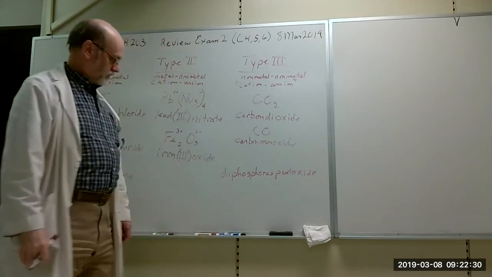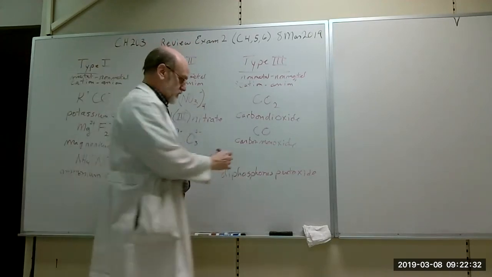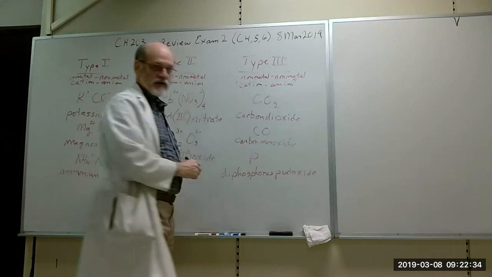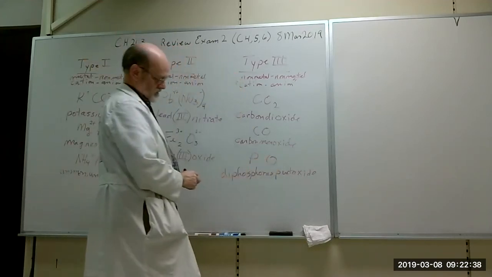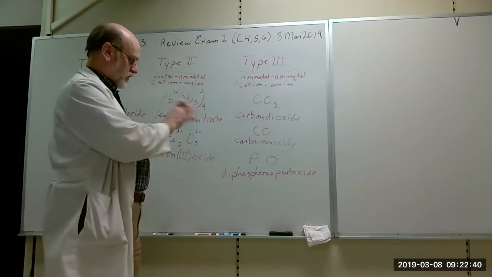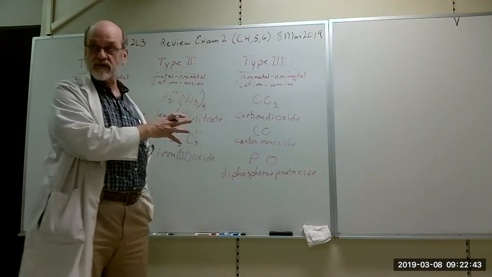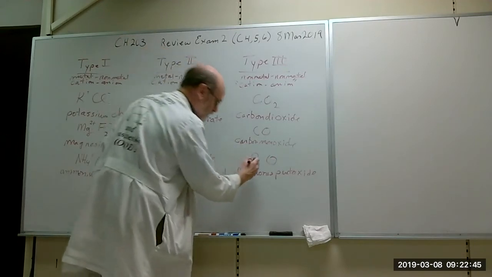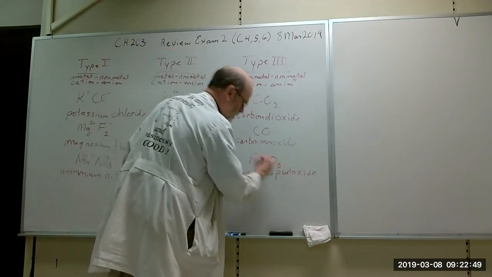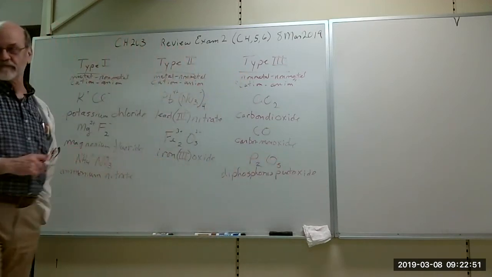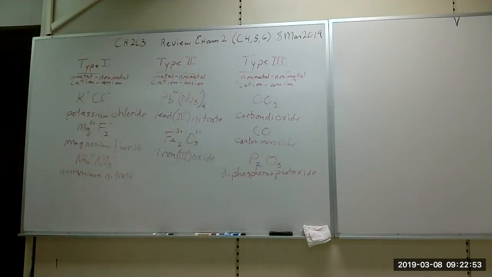How would we write that? Well, we know that phosphorus is that position, and oxygen is that position. Then we just look at the name. It tells us how many of each one. So diphosphorus means 2, and pentoxide means 5. Okay? Type 1, type 2, type 3.